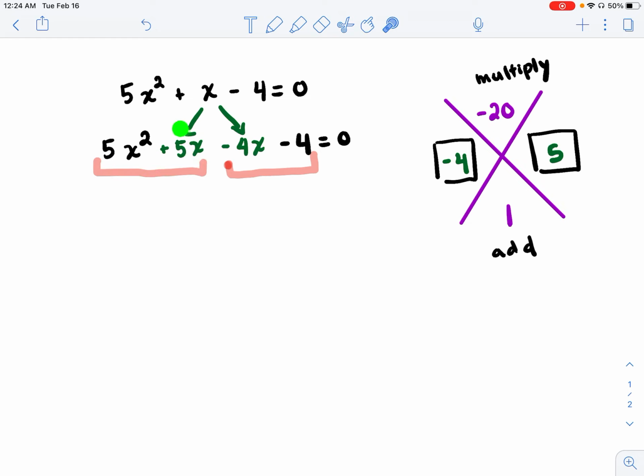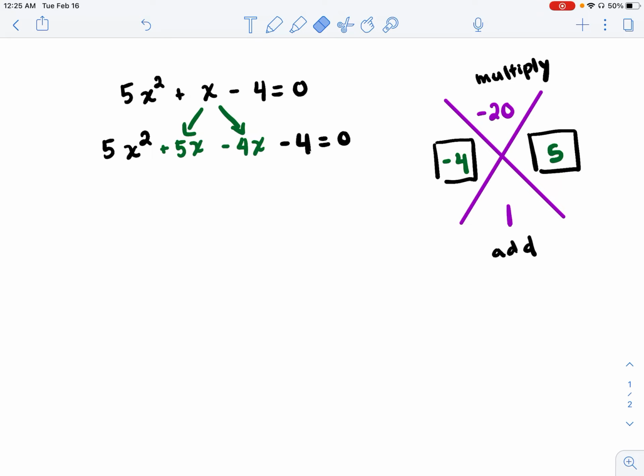And now you'll notice that later we're going to find the GCF of these two terms and the GCF of these two terms, and it'll be nicer to have the 5's together and then to have the 4's together. So when you do the factor diamond, you can choose whichever order you want, but when they eventually go back into the polynomial function, you want to be mindful of which terms you want to match up together.